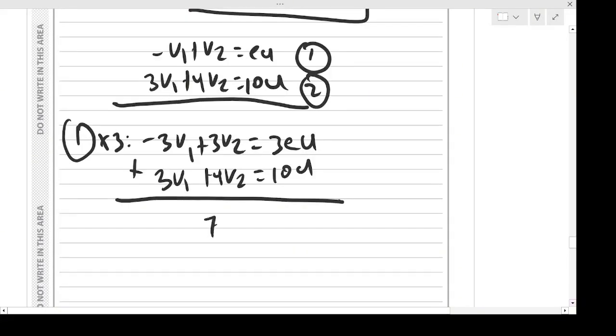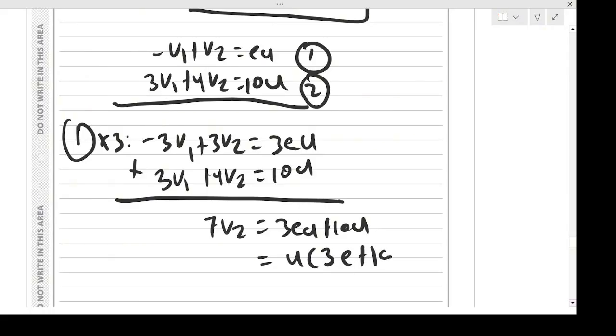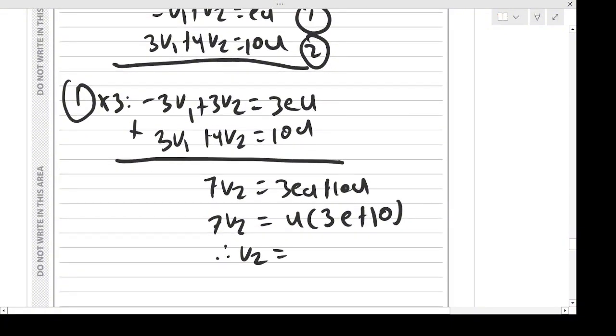So I get 7v2 is 3eu add 10u. And so then if I factor out a u, I get u lots of 3e plus 10. So that's 7v2. Therefore, divide by 7, I get v2 to be a 7th u of 3e plus 10. And so there's my expression then.